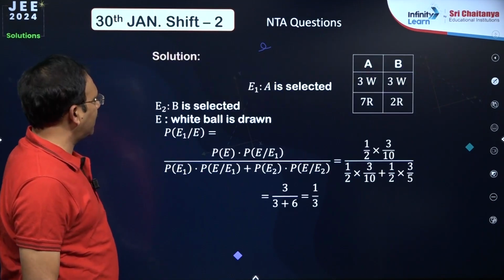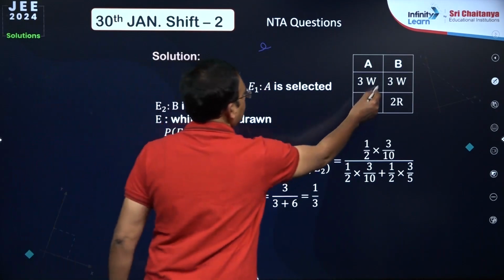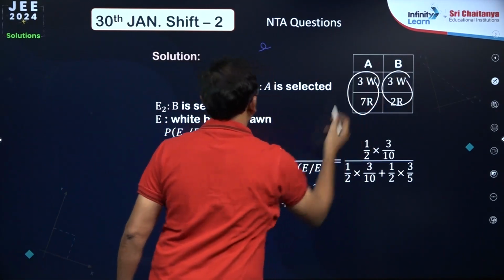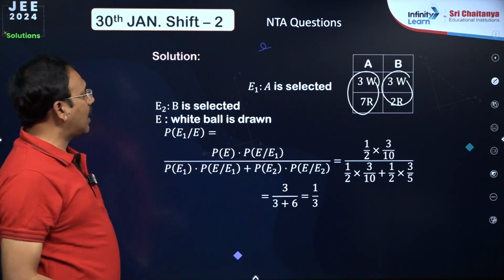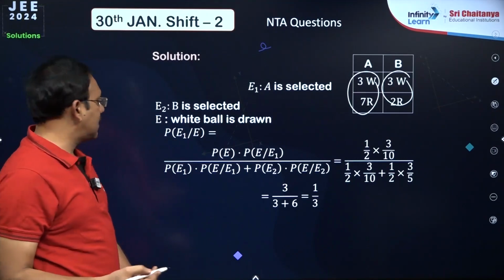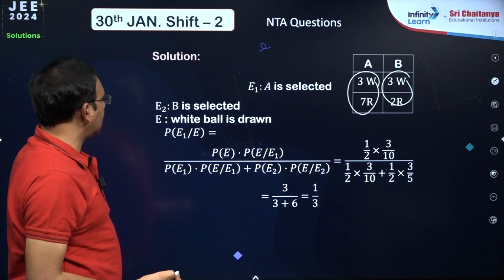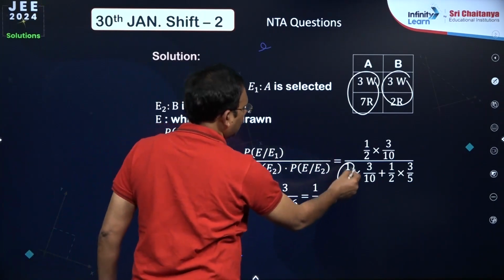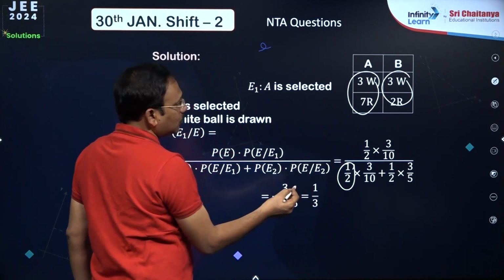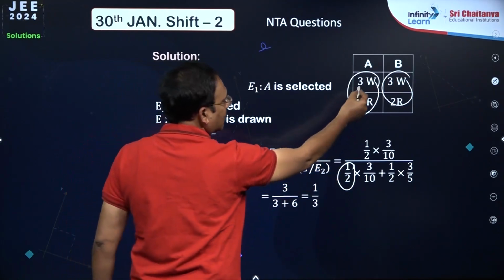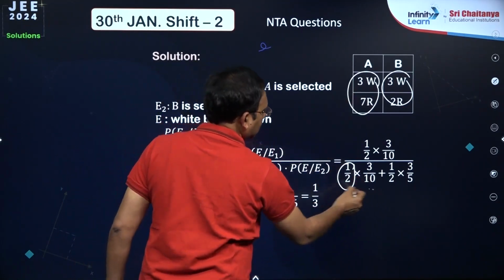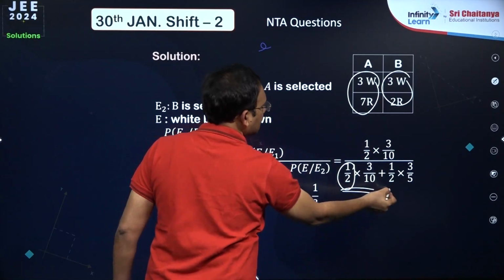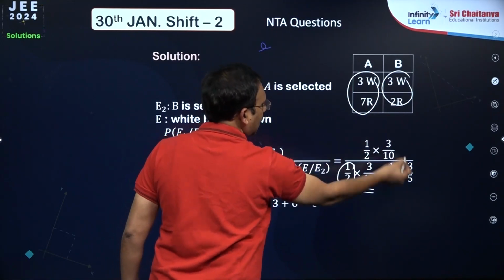Here let me write, my dear friends. Bag A contains these things, bag B contains these things. Now one bag is to be selected, and then you have to select a white ball. The chance that bag A is selected is 1 by 2, and white in the sense 3 out of 10. Second, bag B may be selected, and white selection is 3 out of 5.